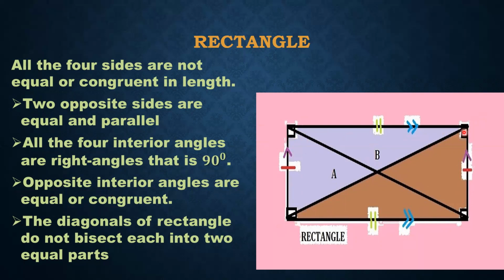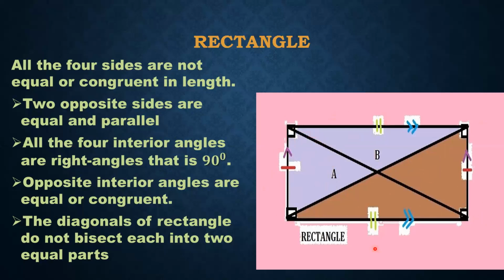Since here is 90 and here is 90, the angles are the same. Here is 90, here is 90, the angles are also the same. So the opposite interior angles are the same. Though all the sides are not the same, since they are formed by two perpendicular lines, the angles formed at the joints are also 90 degrees.